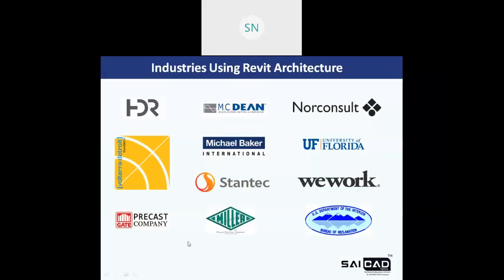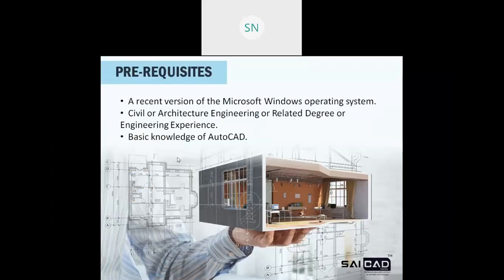So here we have some organizations that recently use this software, Revit Architecture, and here we have some prerequisites to learn this software. First of all, you should have a Microsoft Windows based computer for practice, right?